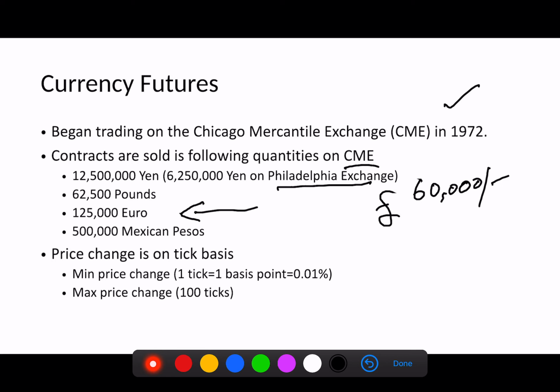You want to hedge your position, because if this is your asset currency and it depreciates after 3 months, you may be at a loss, and in order to remain certain, you want to sell it through the futures market. You cannot do it on the Chicago Mercantile Exchange unless you add 2,500 more pounds and then sell it, because the standardized contract size is 62,500.